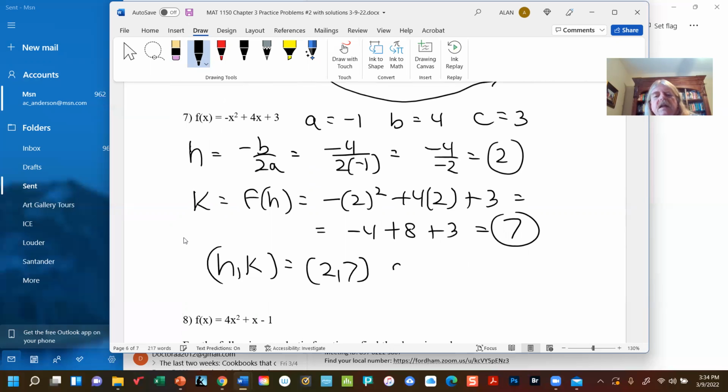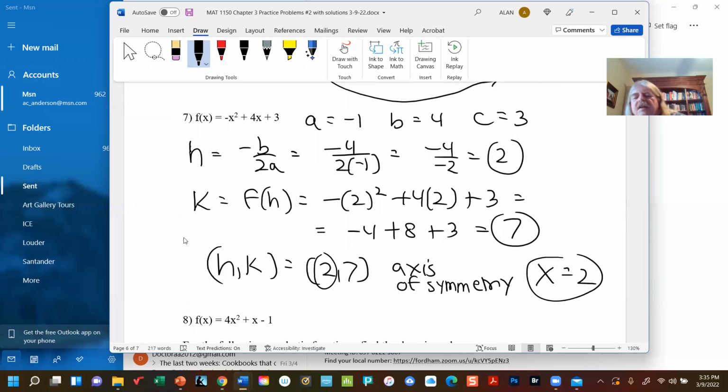That's your vertex and the axis of symmetry is therefore x equals 2. All right, x just equals the x coordinate or the h.